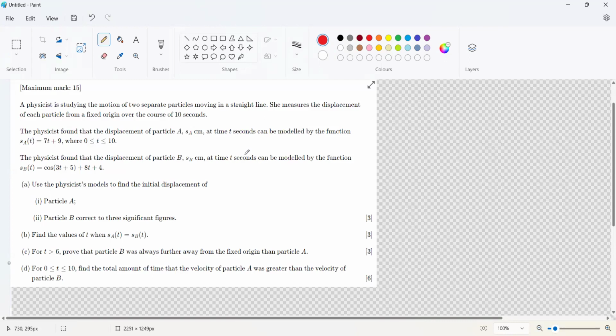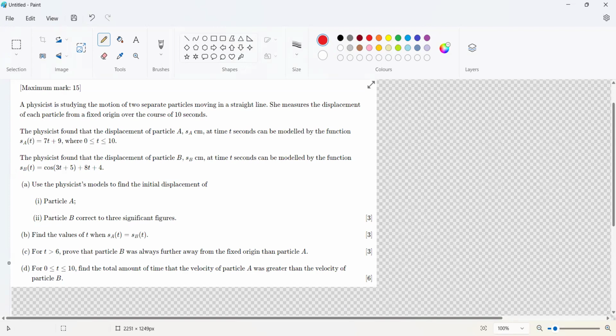The physicist found that the displacement of particle A at time t seconds can be modeled by the function 7t plus 9. The displacement of particle B is cos(3t plus 5) plus 8t plus 4. Use the physicist's model to find the initial displacement of particle A and particle B, correct to 3 significant figures.